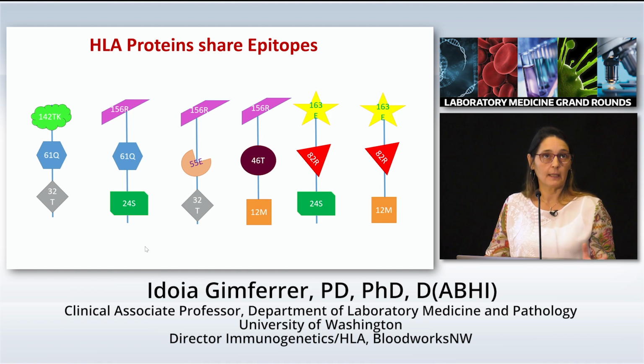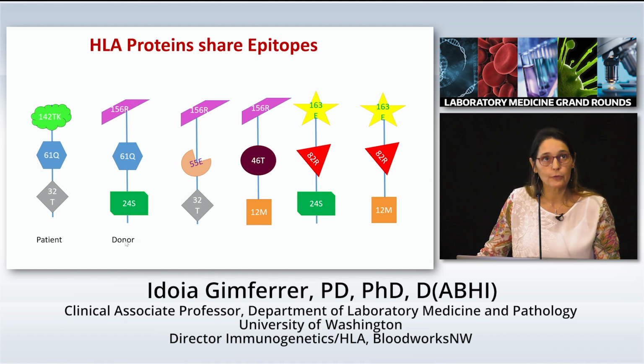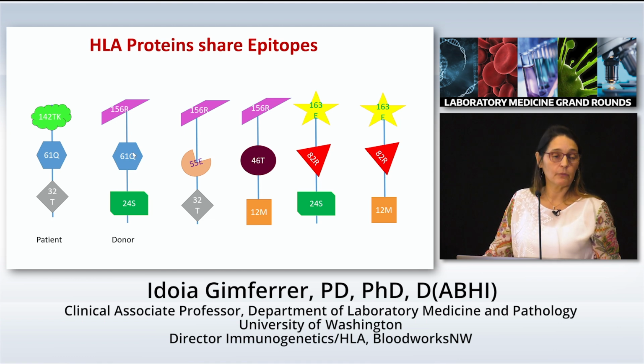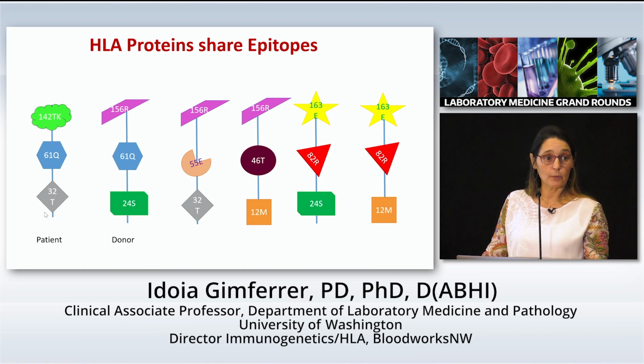To simplify the structure of the HLA, I put this cartoon where you imagine you have a patient, and I'm only depicting here 3 different epitopes. And this patient gets in contact with this donor, either through a transfusion or maybe a solid organ transplant. And you can see that there is one eplet that is the same, and then there are other areas that are different. This patient can create an antibody against the different epitopes that are not shared. So imagine that they create an antibody against this 24S.